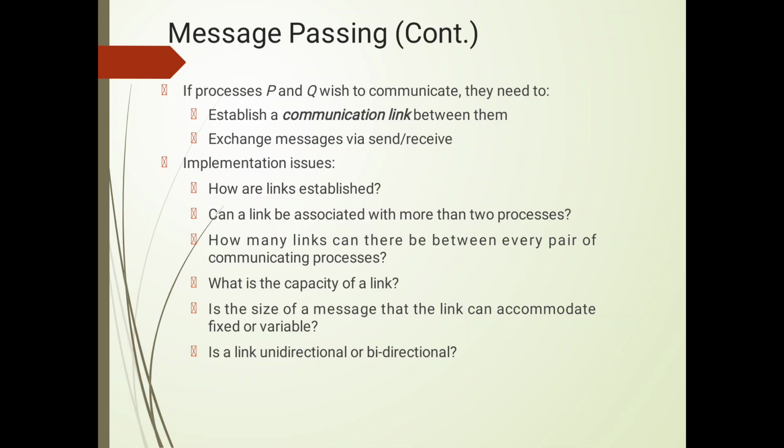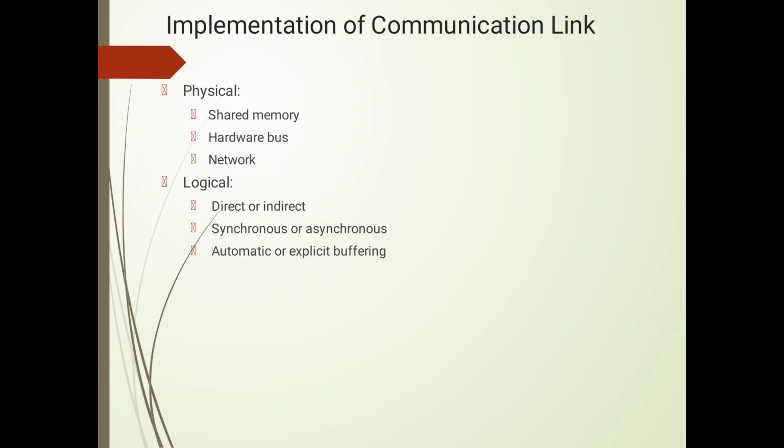How many links can there be between every pair of communicating processes? What is the capacity of a link? Is the size of the message that the link can accommodate fixed or variable? Is the link unidirectional or bidirectional?